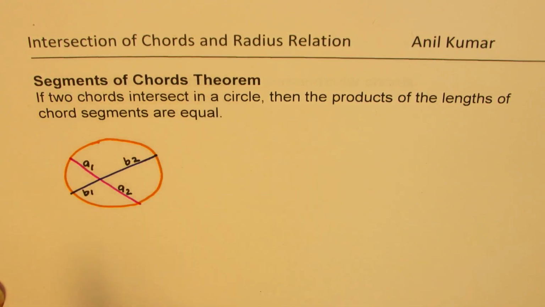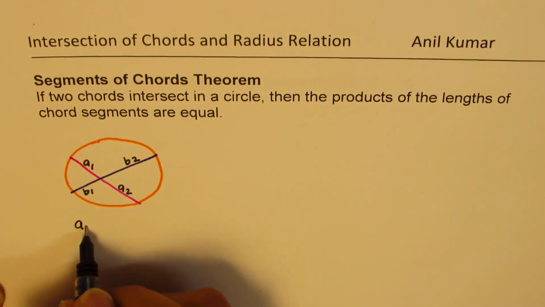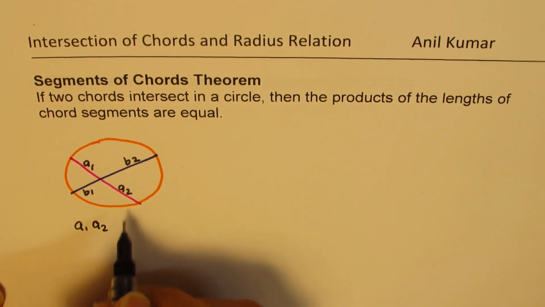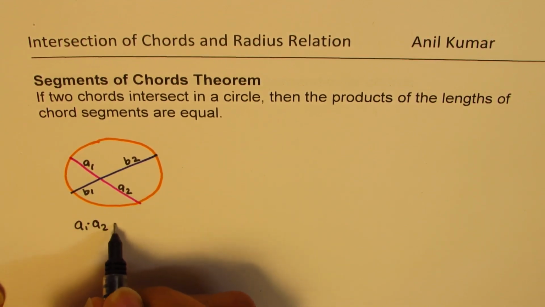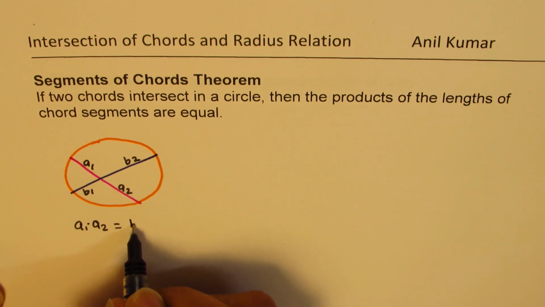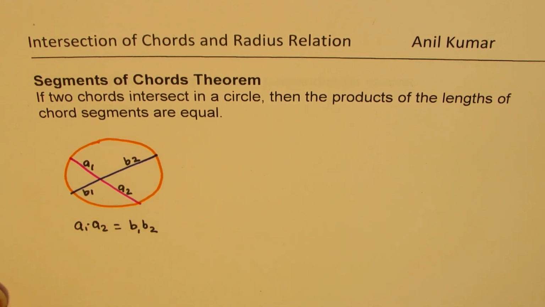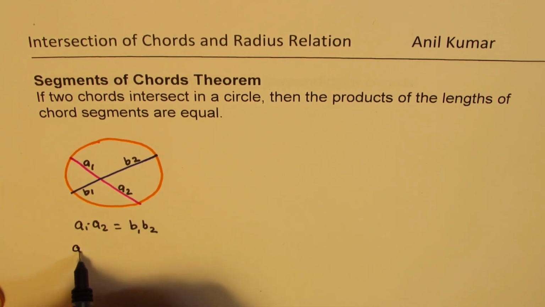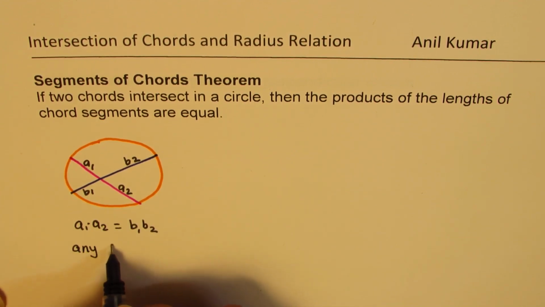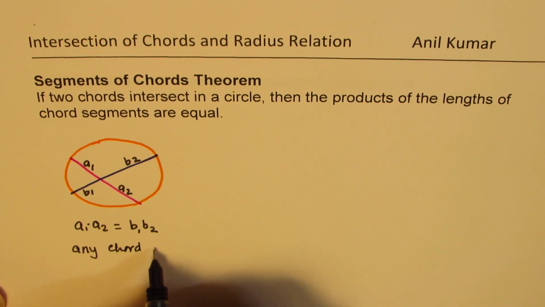Then according to this theorem, A1 times A2, the product of these two lengths, is equal to the product of the other two lengths, B1 times B2. So this is a general formula for any two chords, any chord segments.